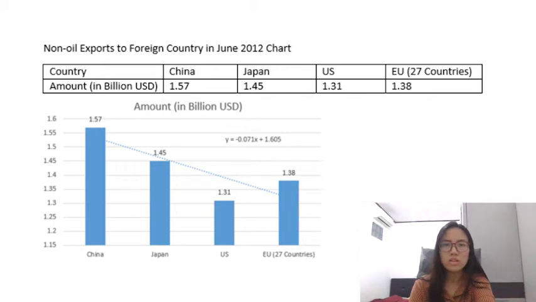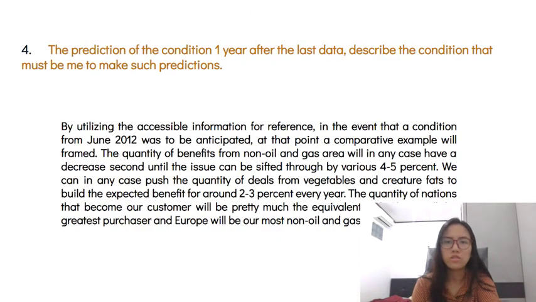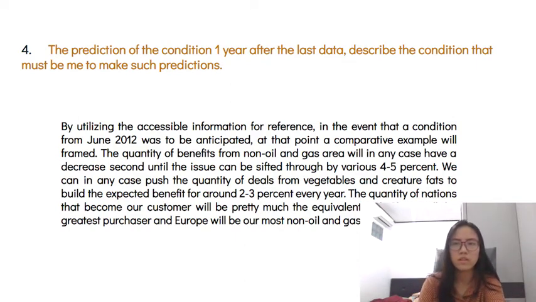By utilizing the available information for reference, if the condition from June 2012 were to be predicted, then a similar pattern will form. The quantity of benefits from the non-oil and gas area will still have a decrease until the issue can be shipped through by around 4 to 5%.